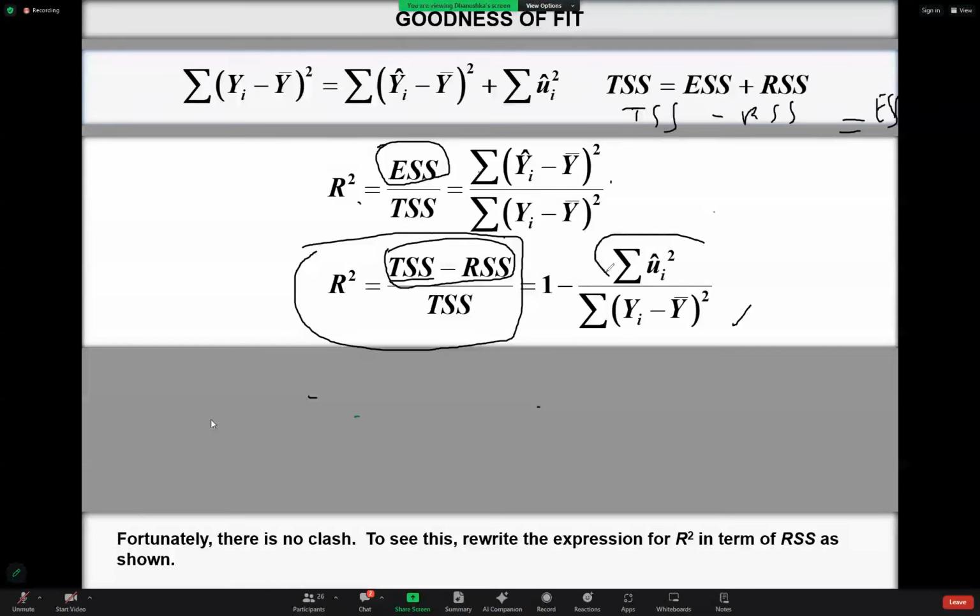This is the RSS. Then you can see the value of R square increases if the residual sum of square decreases.